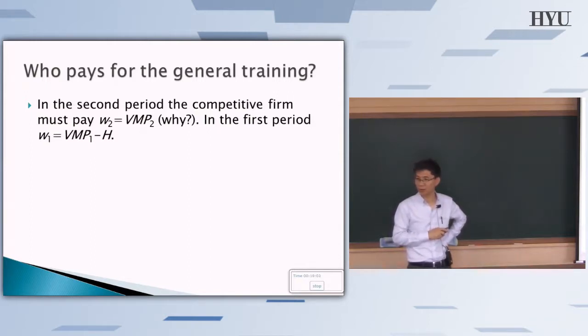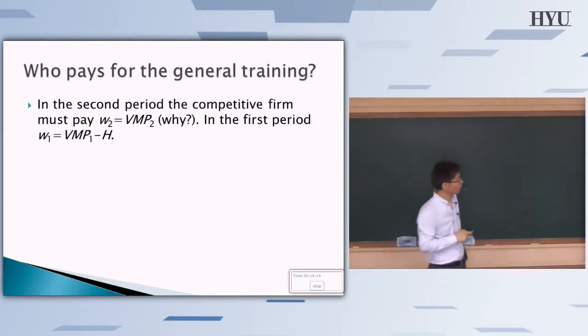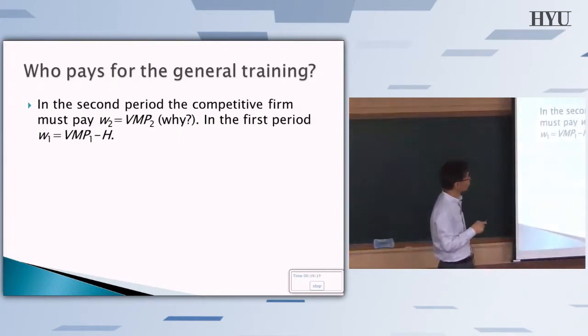The individual will just leave and go to another firm who's willing to pay more than W2, right? Obviously, because this individual is worth VMP2. The other firm is willing to pay up to VMP2.